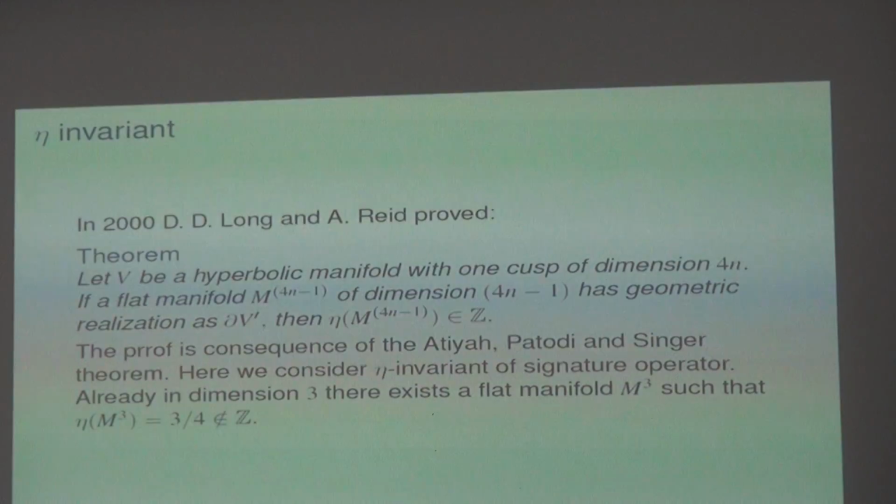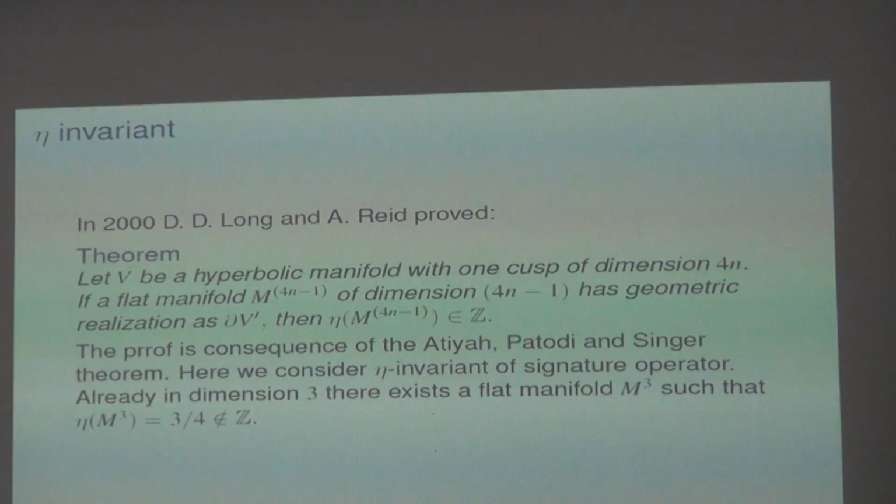They were very lucky because, using the Atiyah-Patodi-Singer formula, you can calculate in this case that this eta invariant has to be an integer. They were also lucky because there exist two or three three-dimensional flat manifolds where this eta invariant is not an integer.